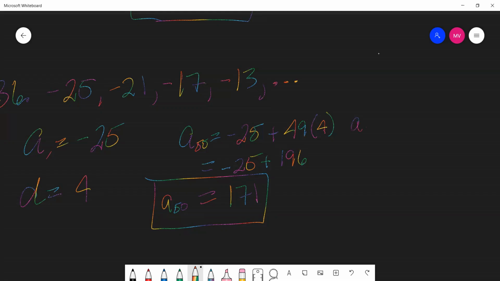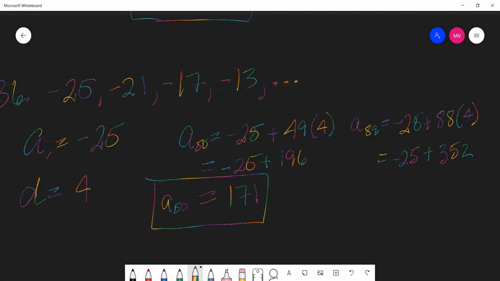Let's look at 89. A89, the term at position 89, is A1, negative 25, plus 49, oh no, 88 times 4. And 88 times 4 is a big whopping 352.